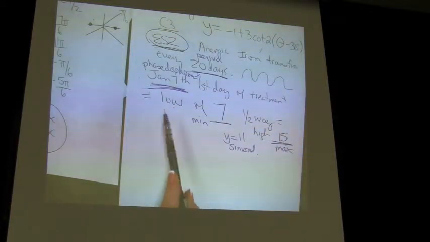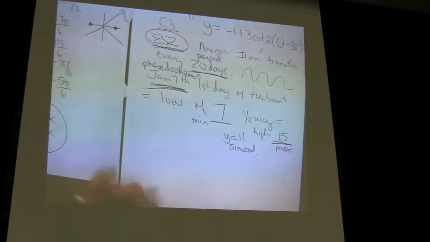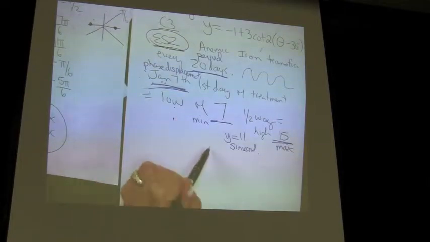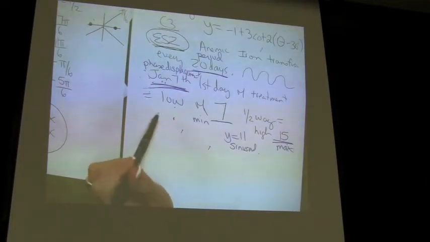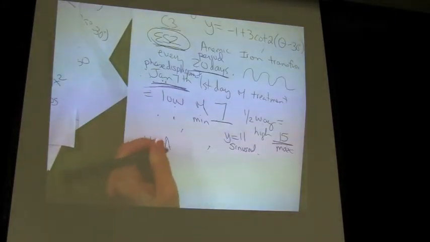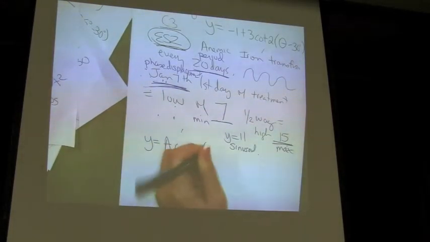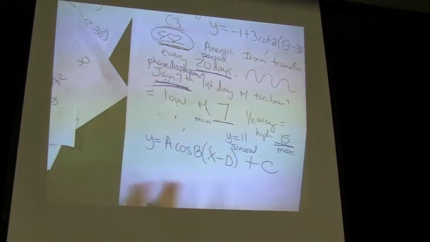It means if it's starting at a low point, it's cosine, but cosine reflected. Exactly. Because on January 7th, the beginning of the period, she is at a low. If something starts at a high or a low, cosine is the best one to use. It's a reflected cosine graph. So y equals a cosine b x minus d plus c.